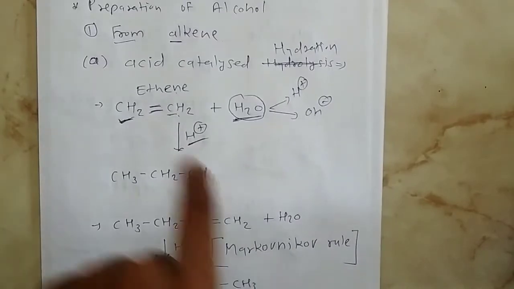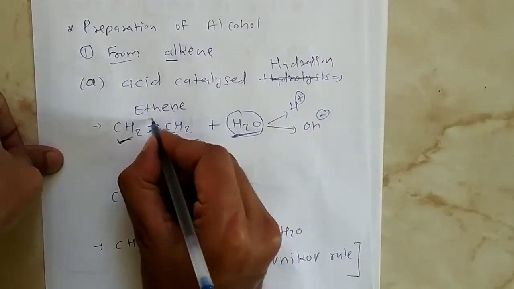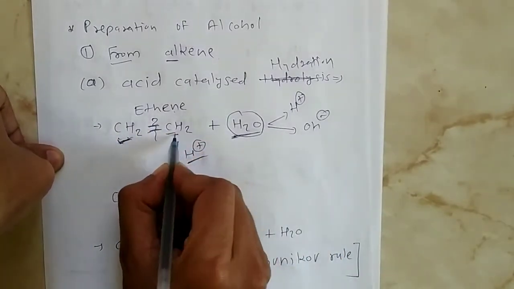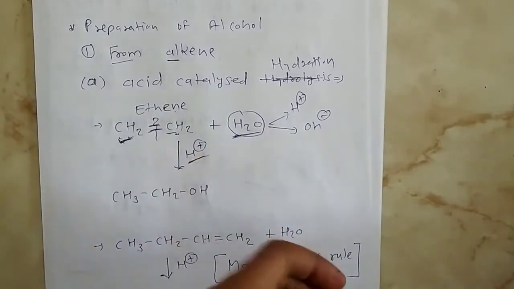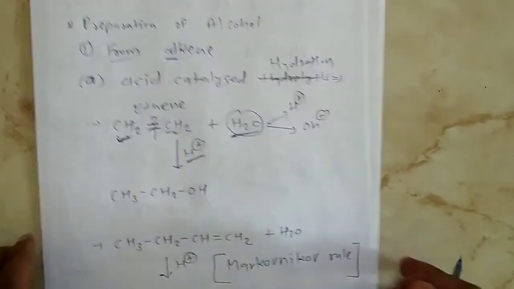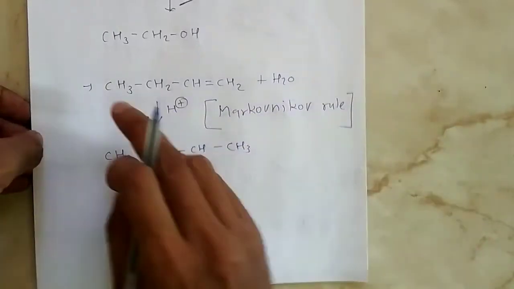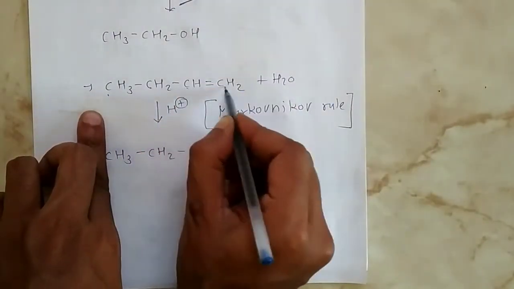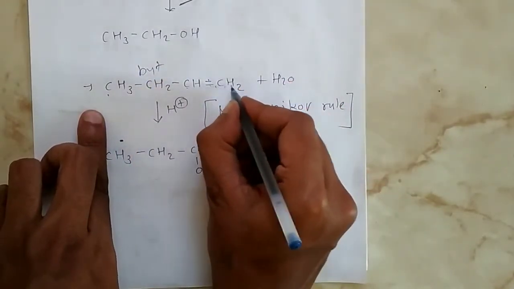Now, if we break this alkene, we'll get two same parts, CH2 and CH2, so on whichever carbon you add hydrogen and OH, that is okay. But if the two parts are different, suppose I take this: you can see 1, 2, 3, 4 carbons are there, so it is but-1-ene, with the double bond at the first number carbon.